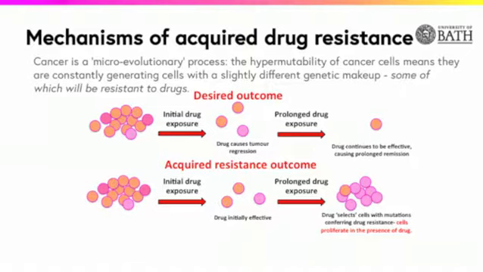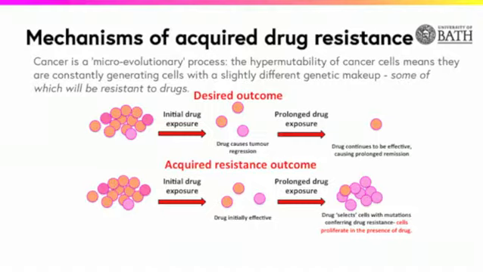And we already know that the increased mutation rate in cancer cells makes them a moving target for therapy. They're constantly sampling new genetic variants, and the cancer cells that are better at surviving will outgrow others in the population. Now, some of those are going to be resistant to any drugs that you put on the cells.